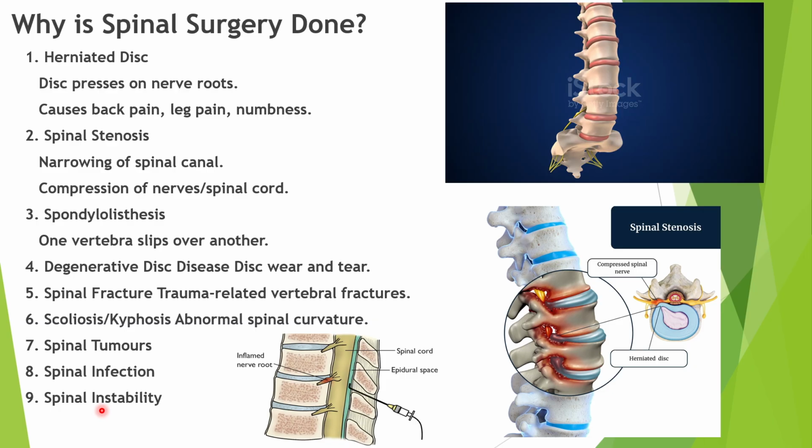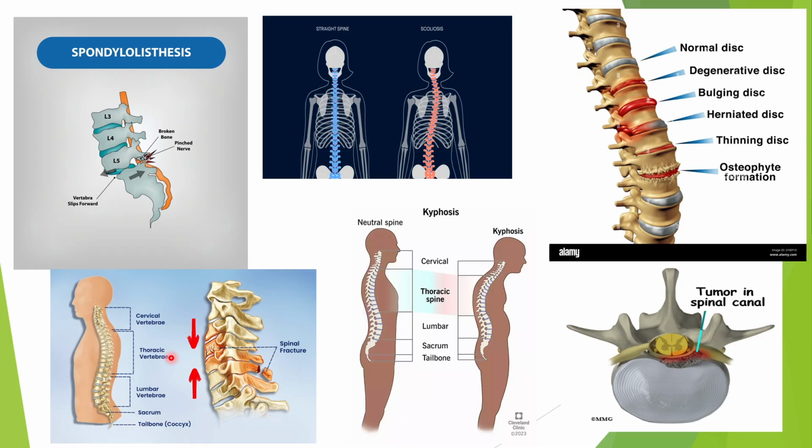Spinal instability is when the spine moves more than normal. So the purpose of spinal surgery is to remove the pressure on the nerves, reduce the pain, correct the spinal problems, and make the spine stable so the patient can move and function better.